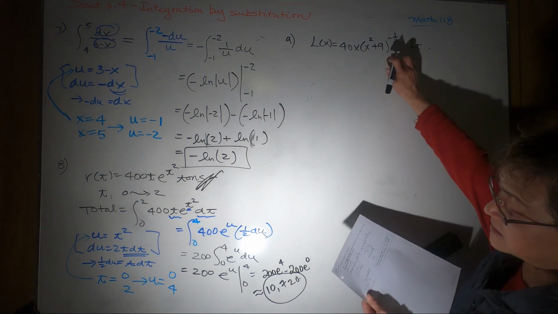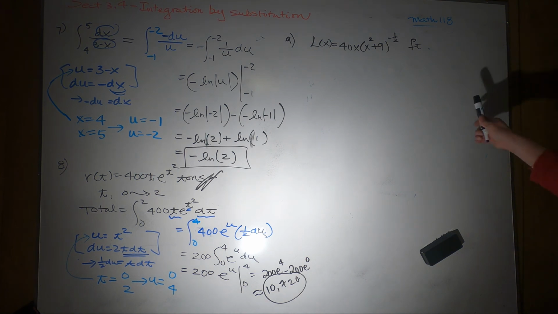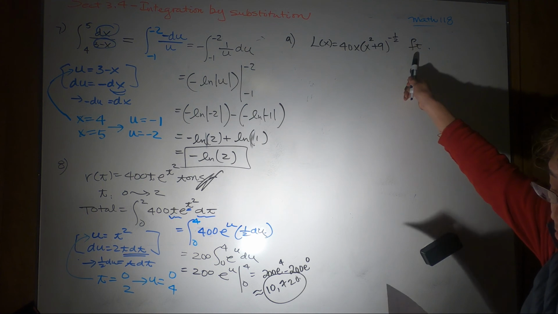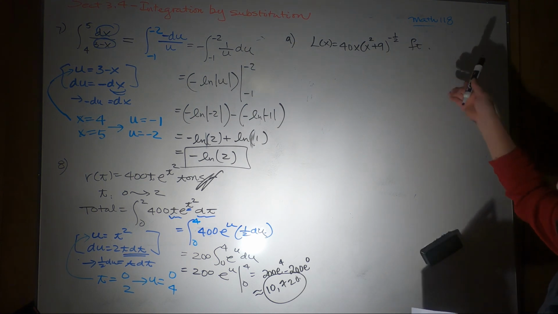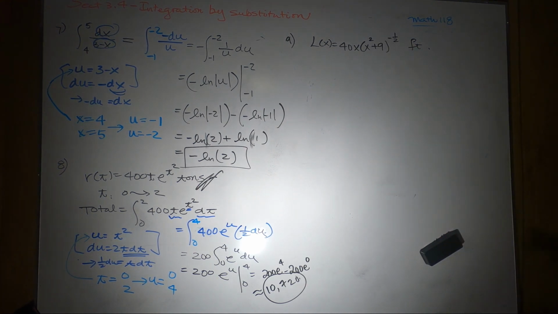This is a per month water level, right? So we want to find the average depth per month during the first 4 months. The level is total after x months, so x is your month.